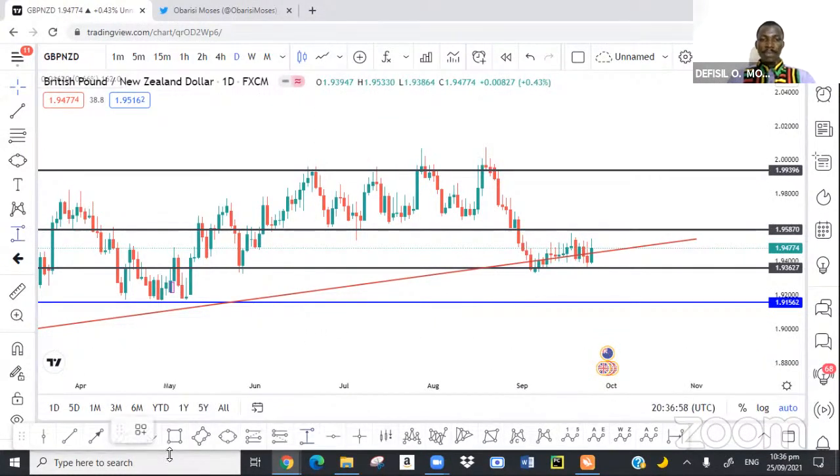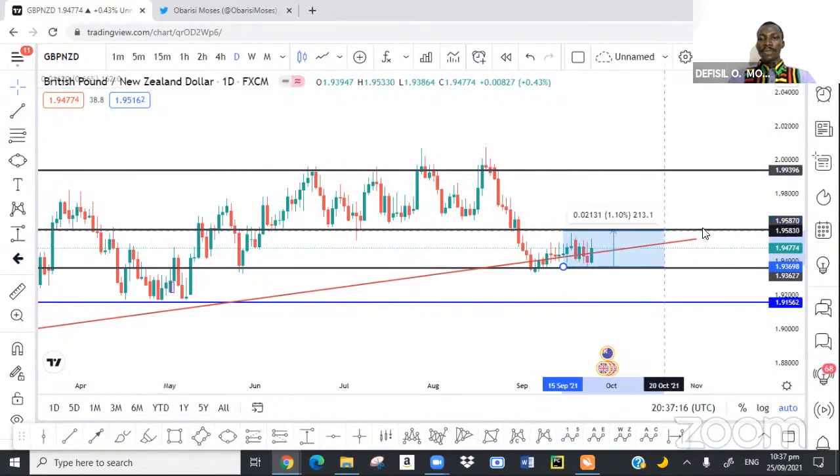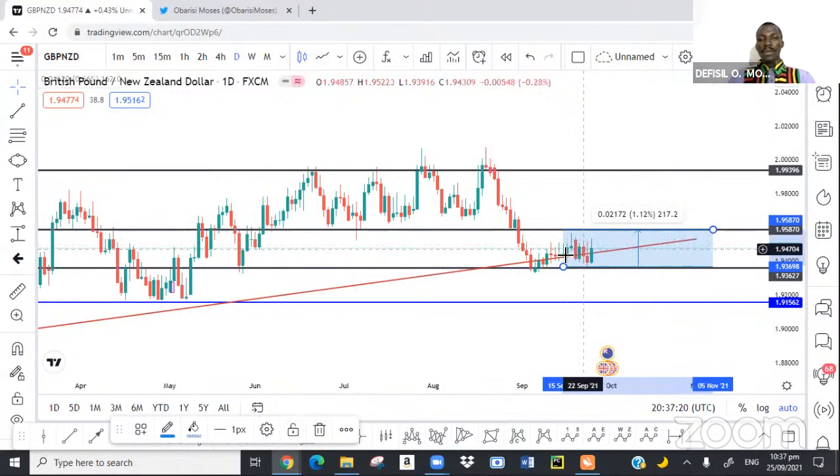Let's draw. Okay, we have 201 pips within that price distance or price movement area. We have over 200 pips, so that would be another range.